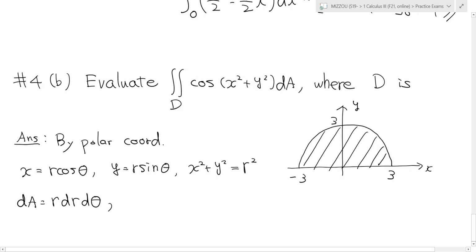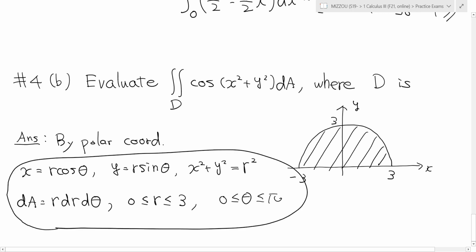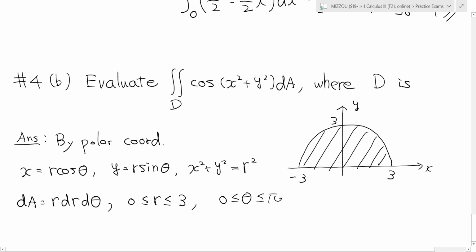All right. And now you have to find the limits. Since this is everything inside radius 3, the radius r is between 0 and 3, and the angle theta is between 0 and pi. So all you have to do is plug those in here.